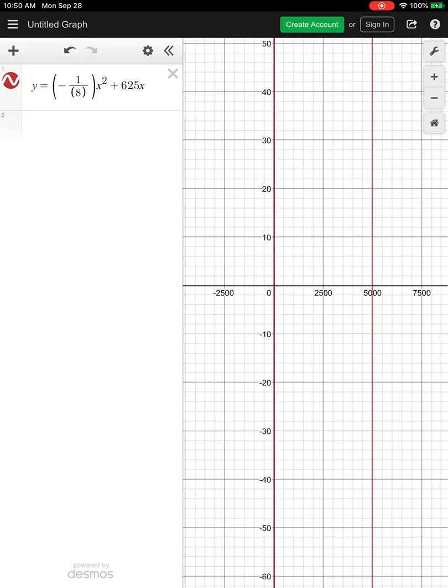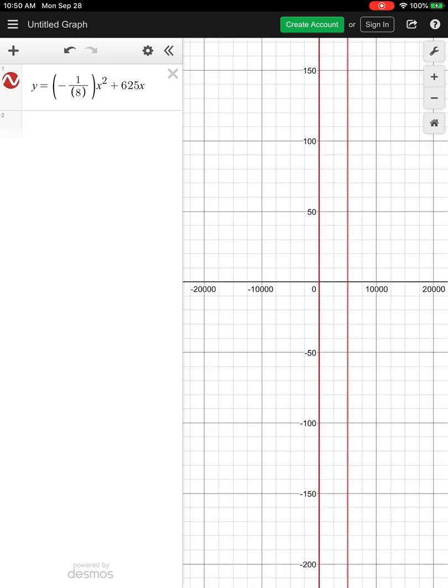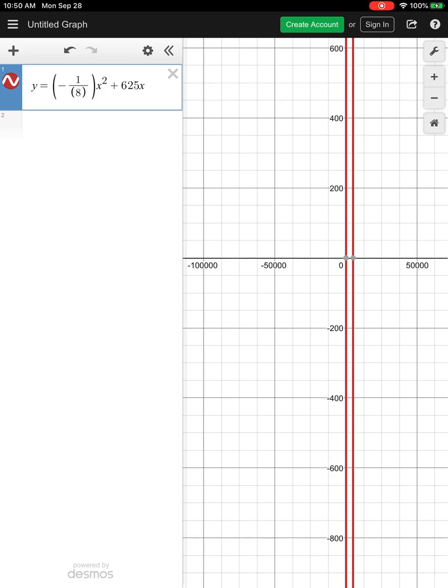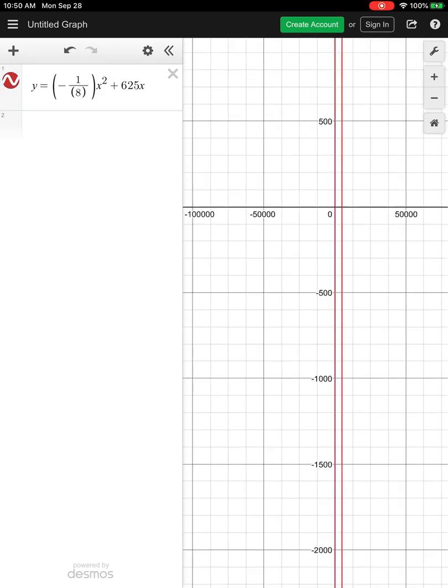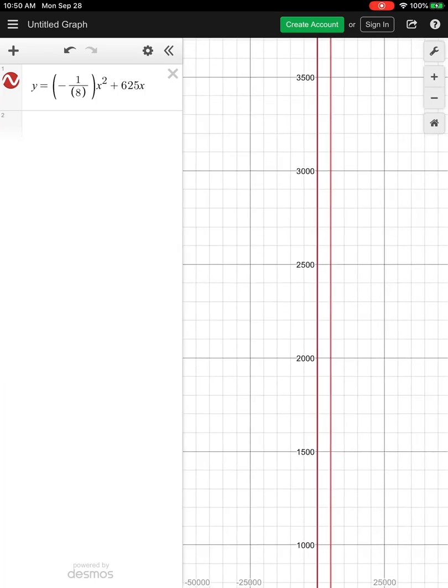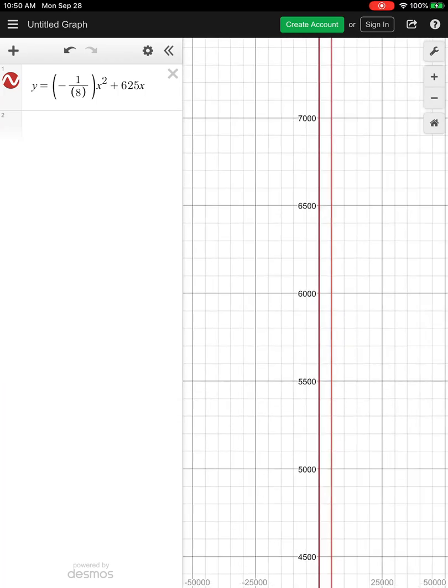Okay, if we're having trouble seeing the graph, you can always squeeze in a little bit. We want to see the top of that parabola. Can always slide it down.